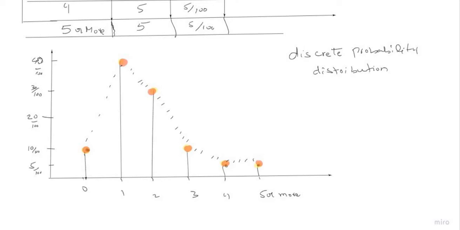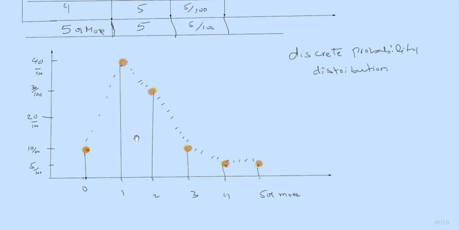And on the vertical axis we will take the probability values, and we know that our probability values vary from 5 by 100 to 40 by 100. So for the first random variable 0, the probability is 10 out of 100. So 10 out of 100 is this point.